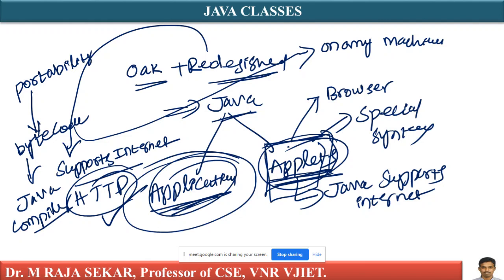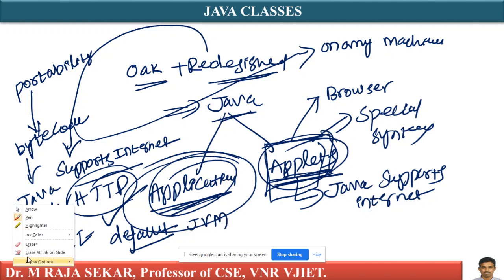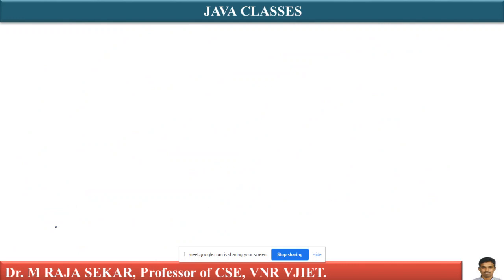For this reason, generally all the browsers like Internet Explorer, Google Chrome, all these browsers come by default with JVM. What is JVM? All these things we will try to understand after few minutes.